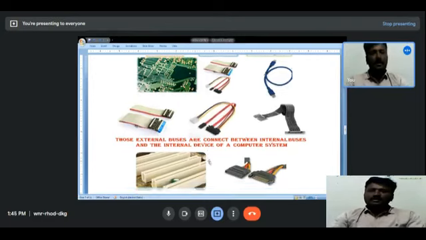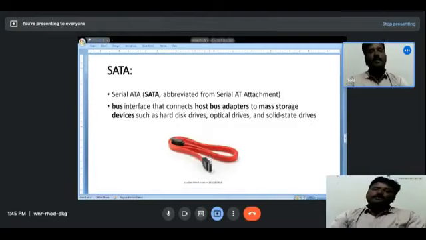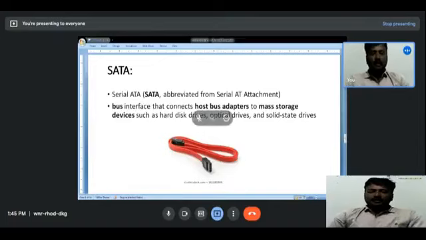Okay, so SATA. We can say it as Serial ATA, abbreviated as Serial AT Attachment. It is the bus interface that connects the host bus adapter to mass storage devices such as hard drives, optical drives such as CDs, and solid state drives.